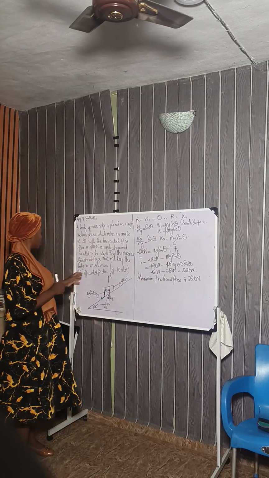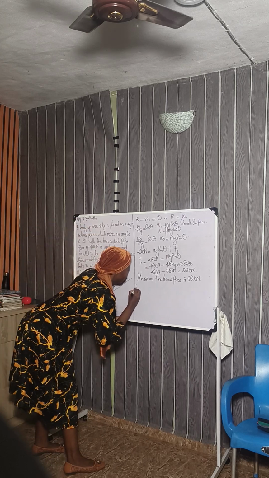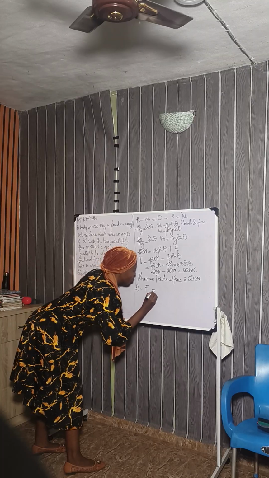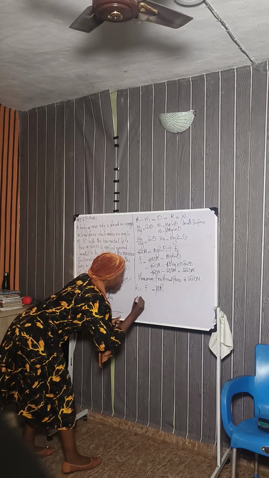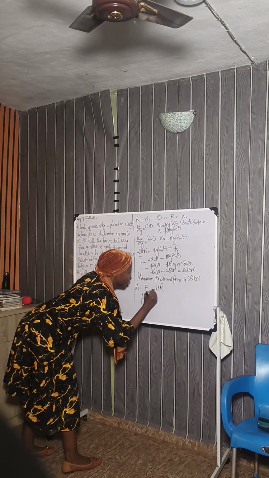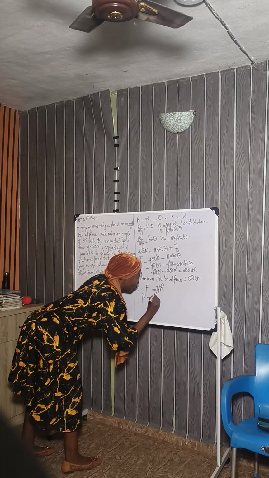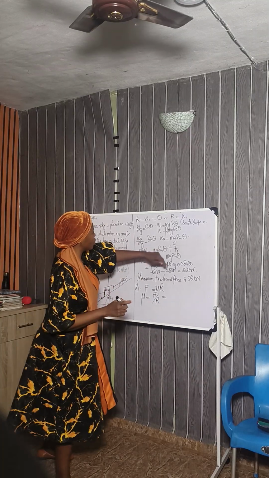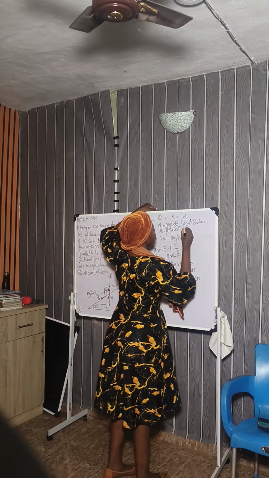Now the next question we are asked is to look for the coefficient of friction. B, coefficient of friction. The formula is F is equal to mu R. Therefore, our mu is equal to F all over R. And you and I know that the surface is a rough surface, so this is what we'll be using.